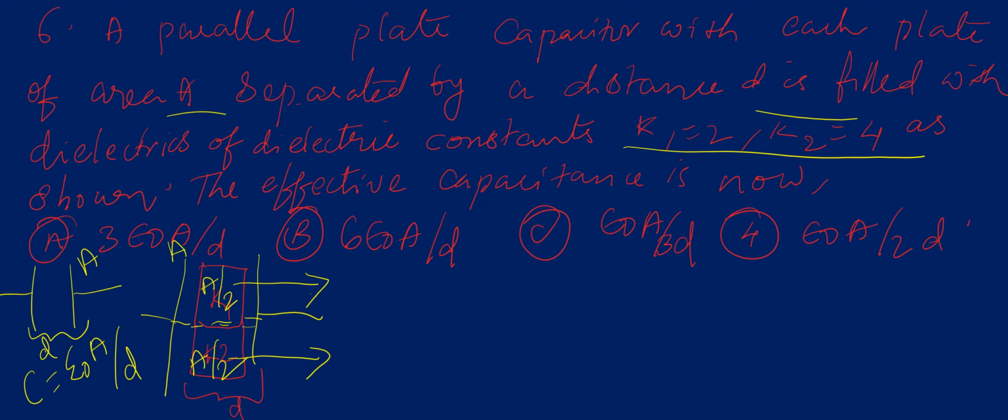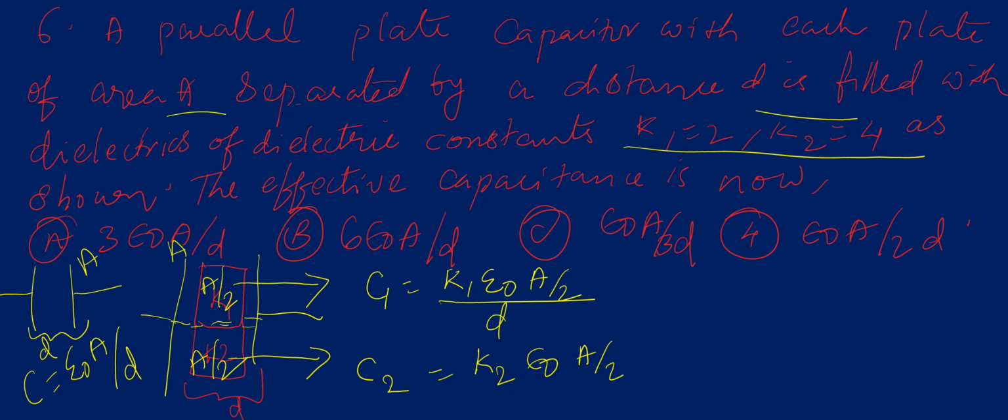So for the first half, capacitance is K1 epsilon 0 A by 2 divided by D, same D for both. And for the second half, C2 equal to K2 into epsilon 0 A by 2 divided by D. Plate separation is not changing. And these two capacitors are like a parallel connection. So we can write the effective capacitance as C1 plus C2, the sum of the two.